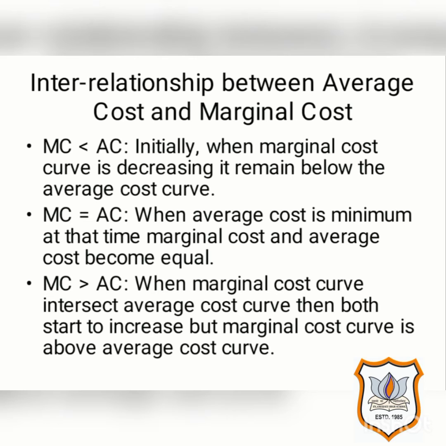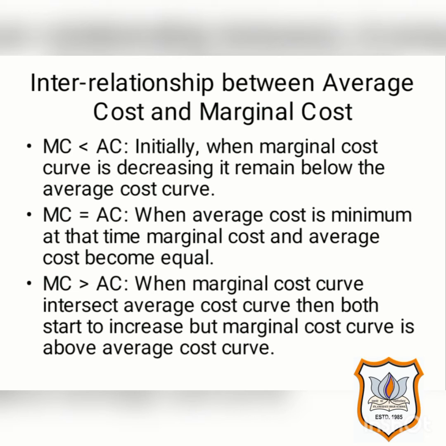Even when you look at the table, initially when production is increasing, both average cost and marginal cost are decreasing. However, marginal cost is decreasing more rapidly as compared to average cost, and therefore the marginal cost curve is below the average cost curve.